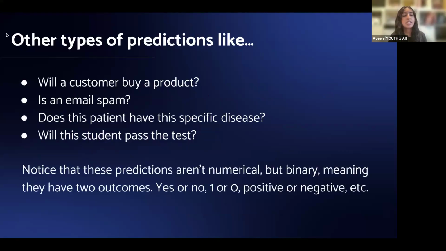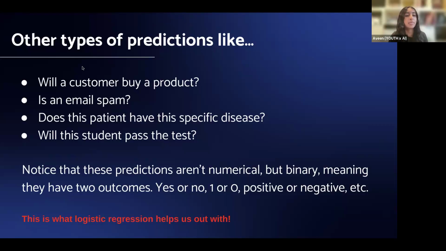All of these predictions have in common that they're not numerical but binary, meaning they have two outcomes, either yes or no. Binary means one or zero, positive or negative, true or false. Looking at each of these questions, the output is not a numerical value. It's an answer to the question. For example, for is an email spam, the output is going to be a category, either spam or not spam. That's not a numerical output.